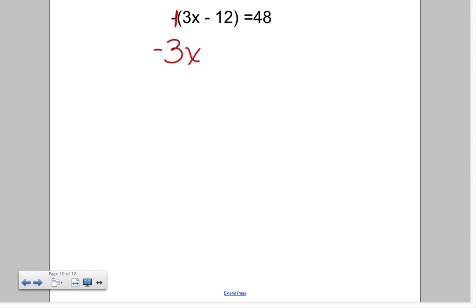What's the opposite of -12? Positive. Because doesn't a negative times a negative make a positive? Yep. And 1 times 12 is 12. So if you notice, when you rewrite this without the parentheses, what's inside just changes to its opposite. You see that? And now, if you would, solve for x.